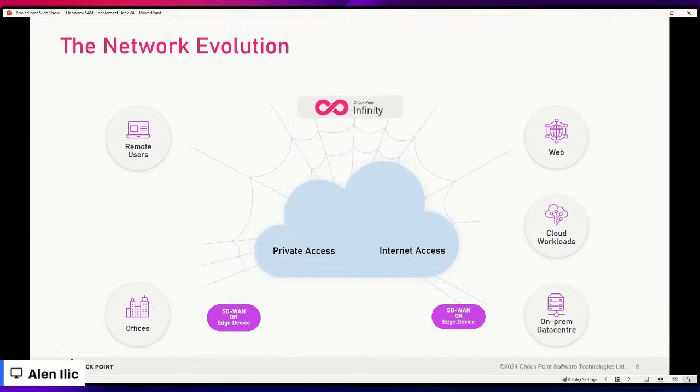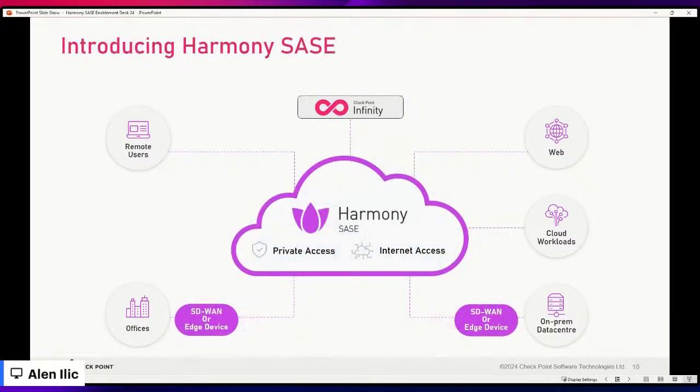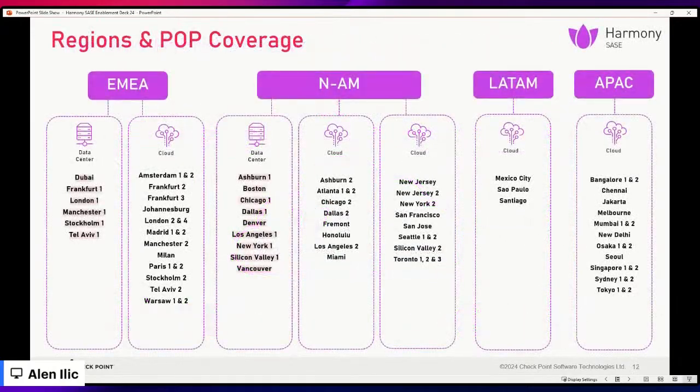Whereas going, let's say, to google.com would go through without going through the network, but being inspected by URL filtering, IDP, and so on and so on. So that would be that.